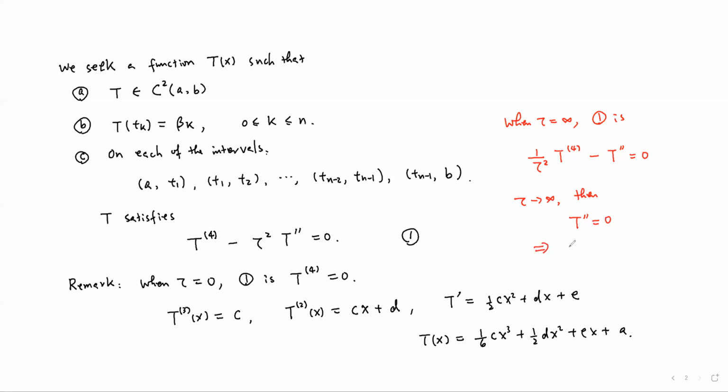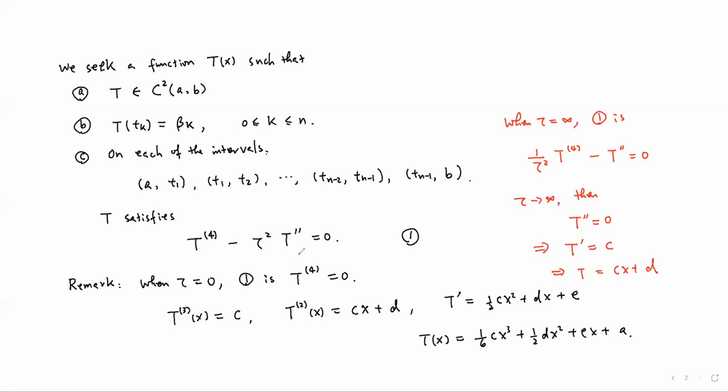We see that take integral once, constant, then take integral again, cx plus d. So when tau is infinity, the solution of this differential equation is a linear function, a polynomial of degree 1.